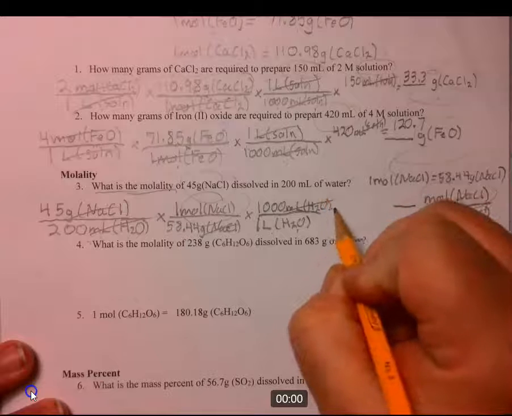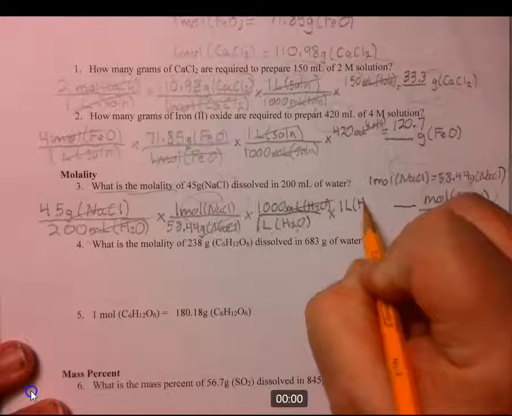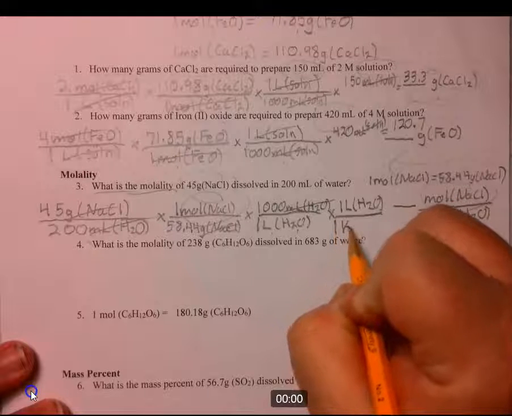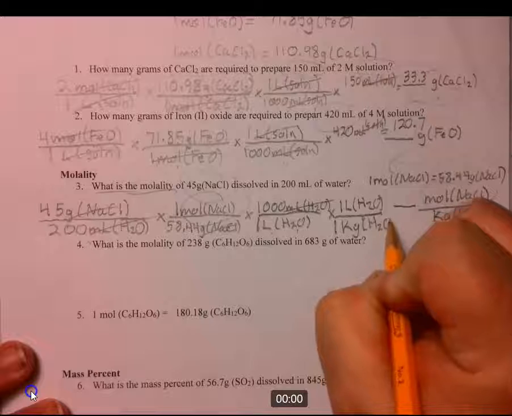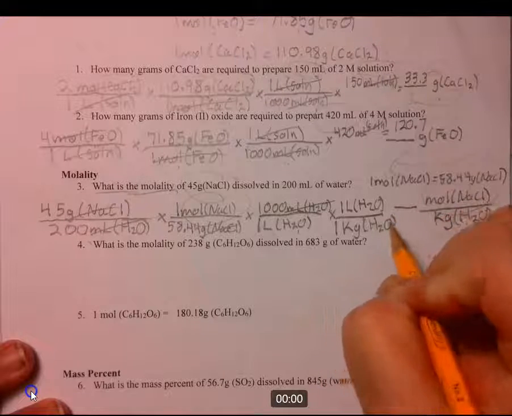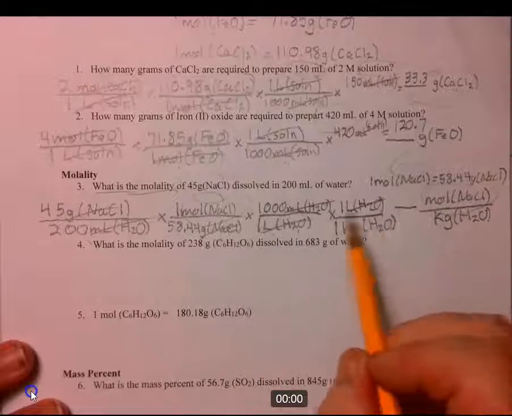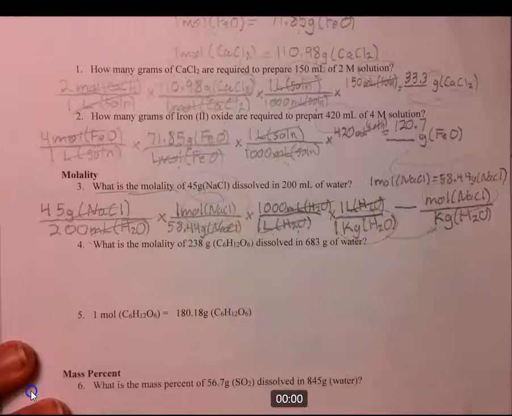So that's going to be this. 1 liter of water will give you 1 kilogram of water. It's a lot of conversions. It's a busy problem. So liters cancels with liters of water. The only thing we have left on the bottom is kilograms of water and moles of NaCl on the top.